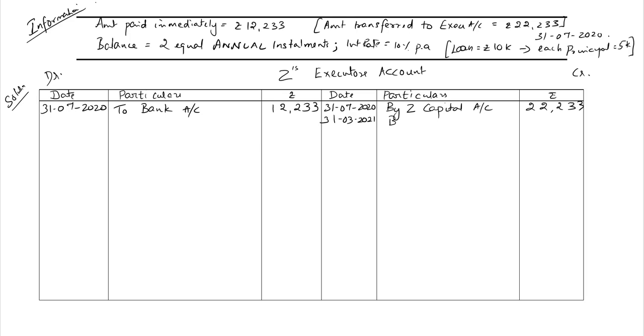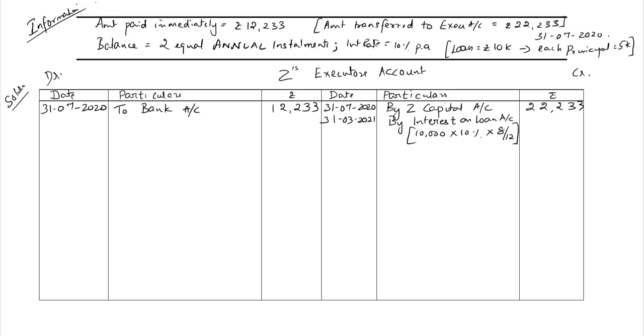2021 by interest on loan account. The amount of the loan, 10,000 rupees at 10% per annum for number of months is 8 months. 8 divided by 12.